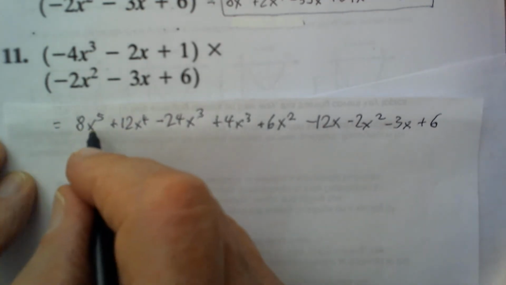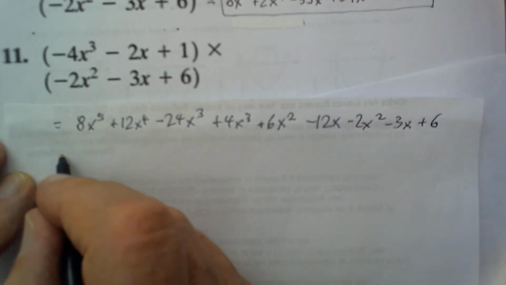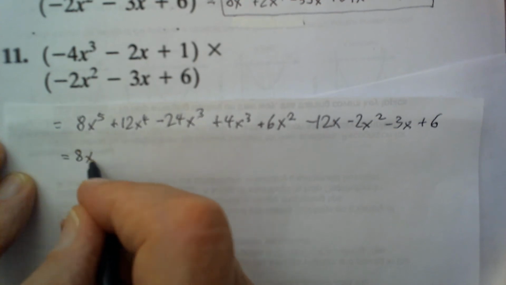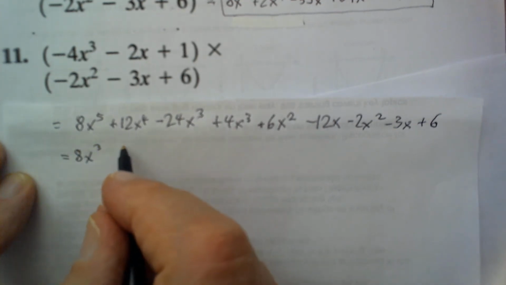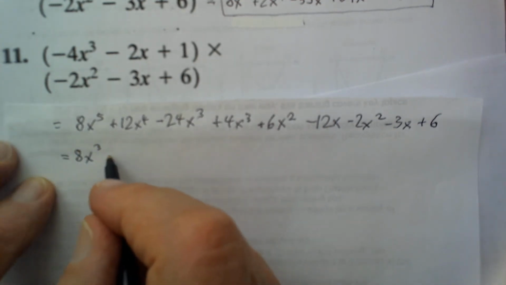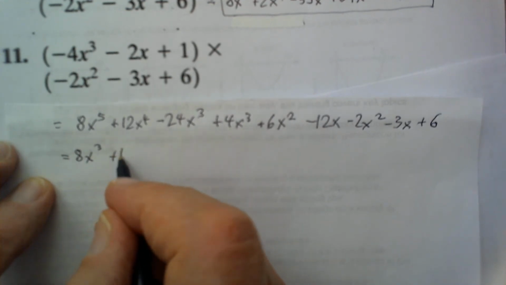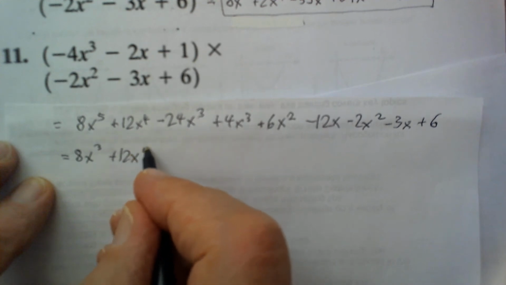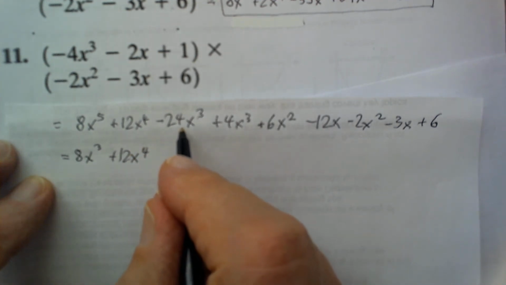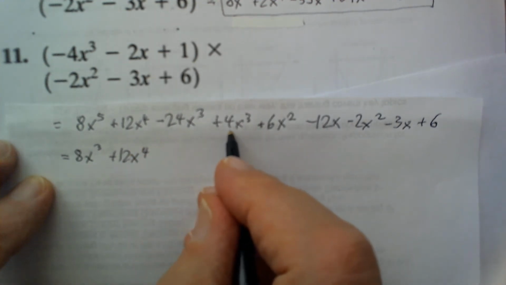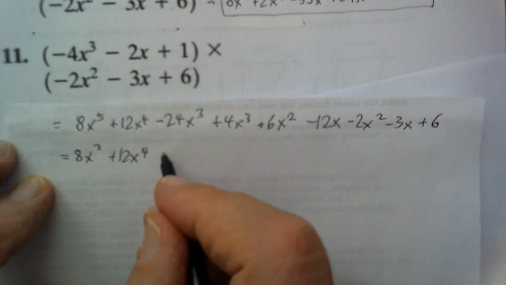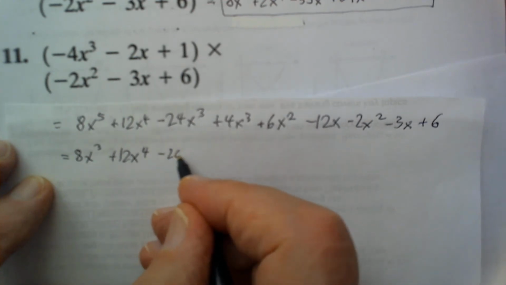So when we now combine like terms, we get 8x to the fifth and 12x to the fourth. There's no other term as x to the fourth. And minus 24x to the third plus 4x to the third is minus 20x to the third.